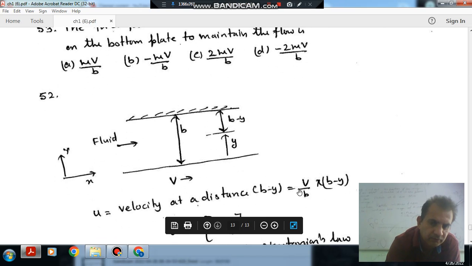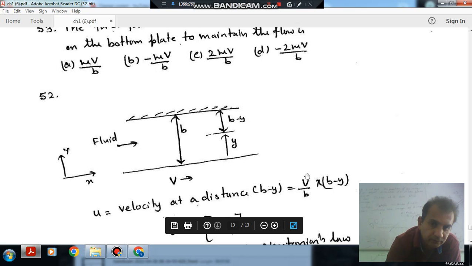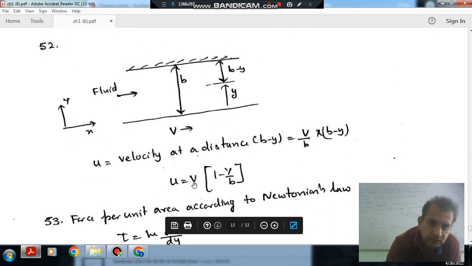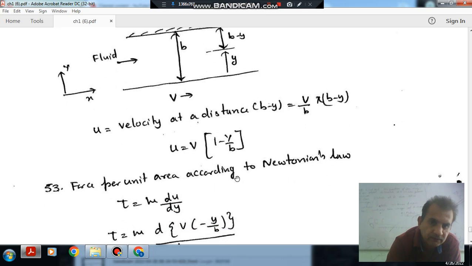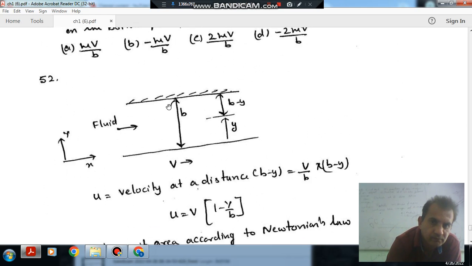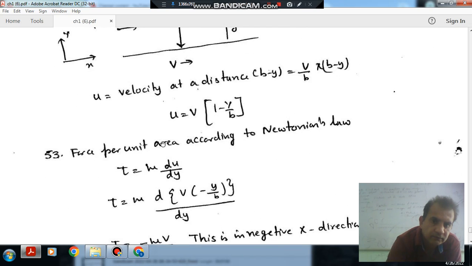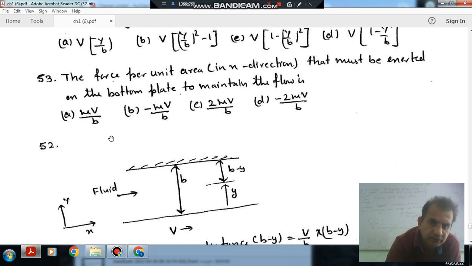For the plate at a distance b, the velocity changes by V, so for distance b minus y it will be multiplied by b minus y, and u will be V into 1 minus y by b. So the answer is option D.